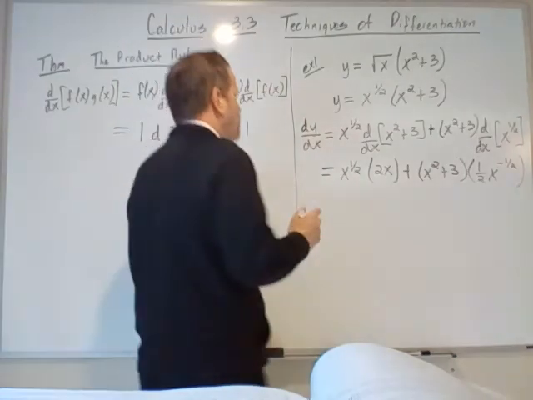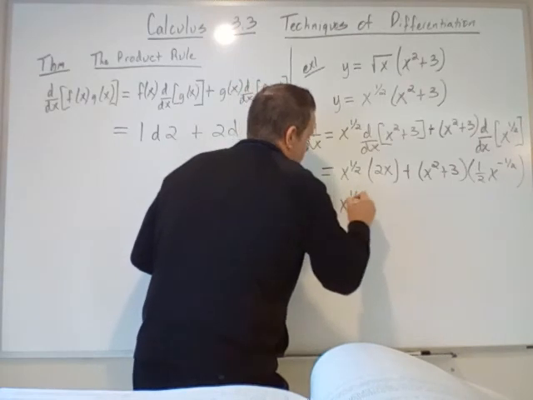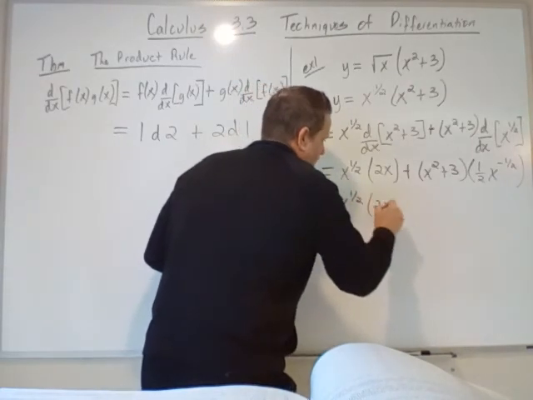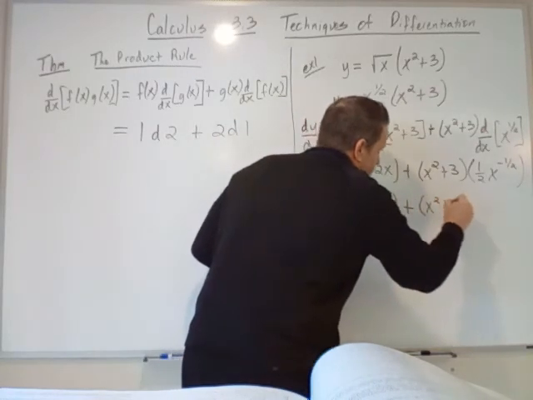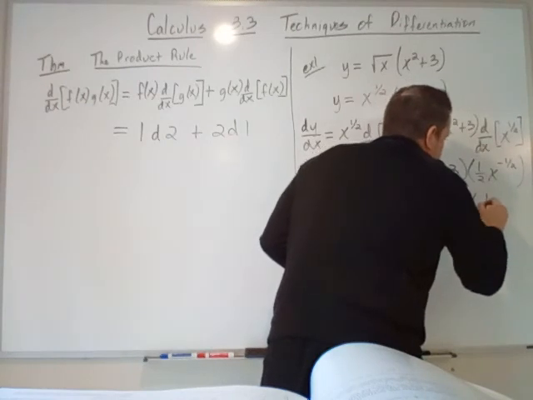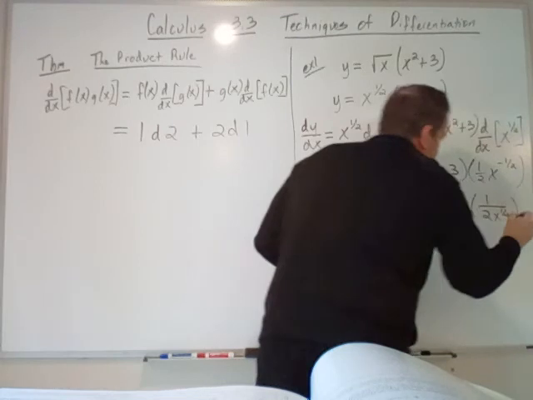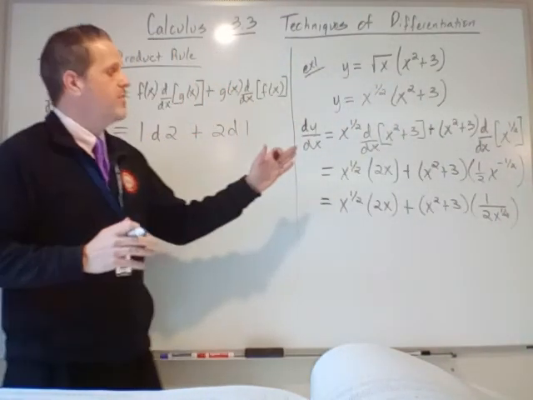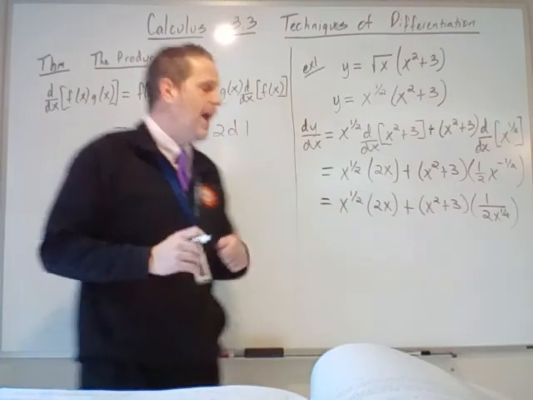Now, some people would say they don't want to have that negative exponent in that second term here. So let's change that. I would have 1 over 2x to the half. That would be the same statement. When I take the x to the negative half, I move it to the denominator, and it becomes a positive 1/2.